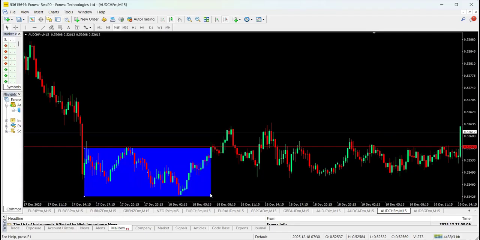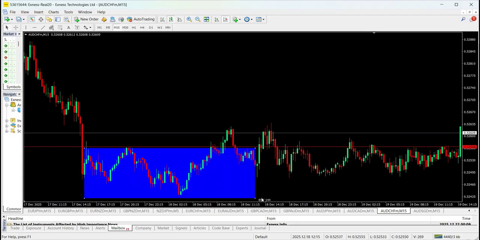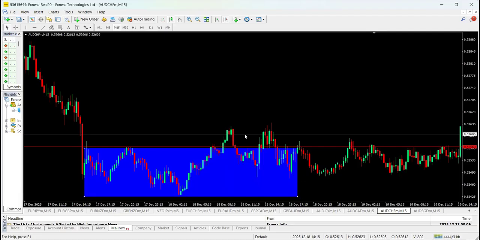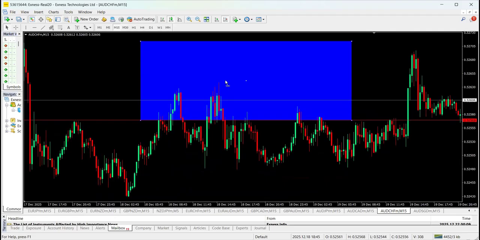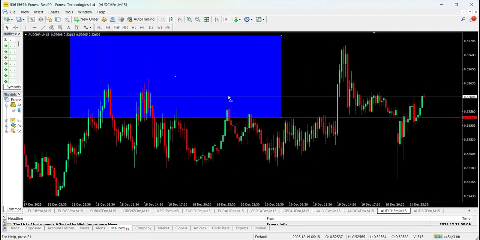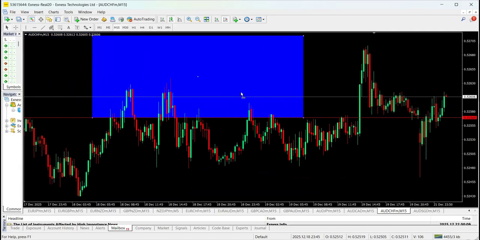Okay? Because for buyers to be able to counter that move, it means that they have enough strength, and so the momentum is to the upside. And so we can confidently say that, hey, this market is going to do a move up at least this much, all right? And you see that this is the market currently.